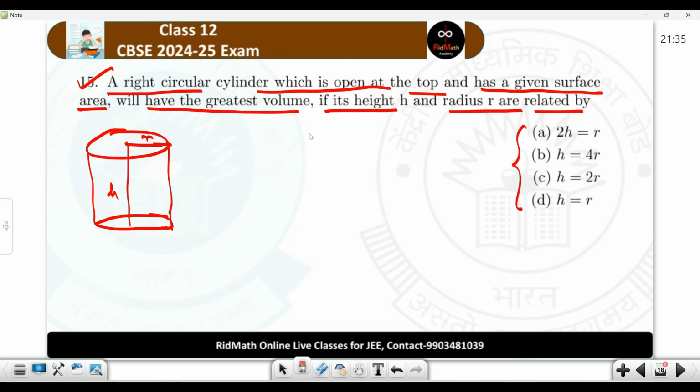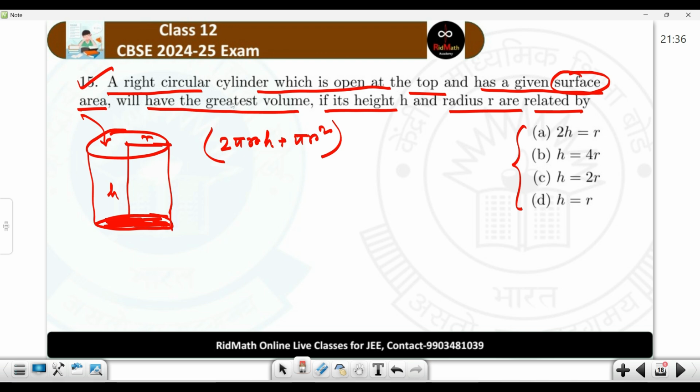Now it has a given surface area, and the top is open. So the surface area is 2πrh + πr², because the base is one πr². So this is given, or fixed.